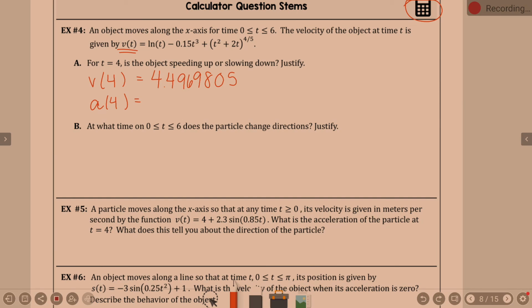So the derivative of velocity is acceleration. And so that is negative 2.713104787. All of that to say, velocity at 4 is positive, and acceleration at 4 is negative, and so we were slowing down.